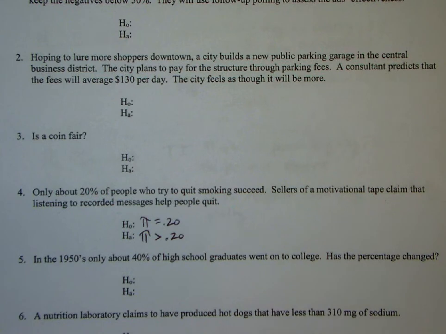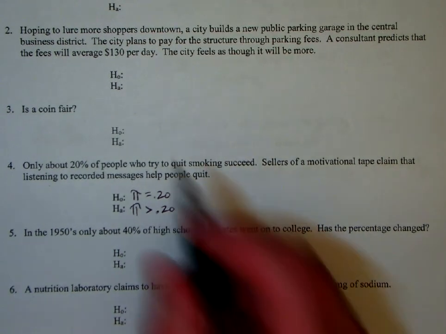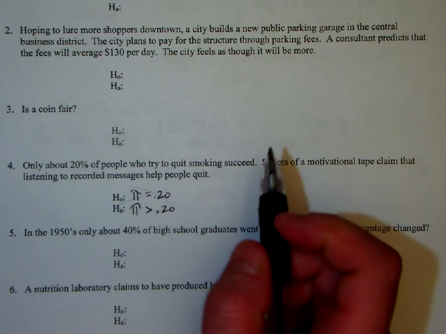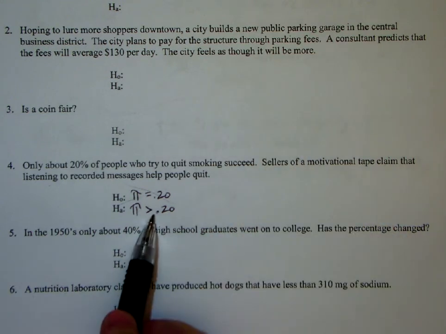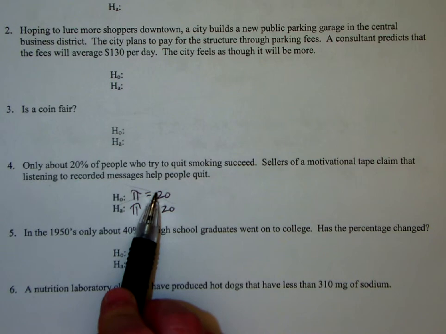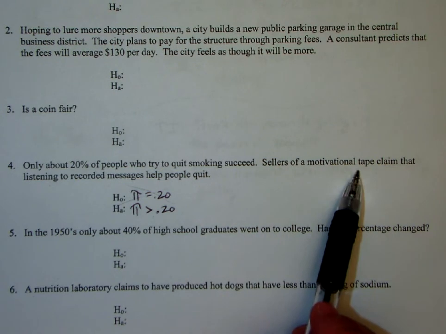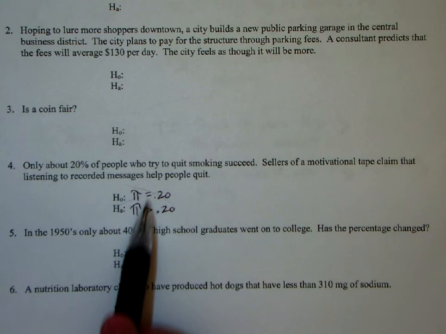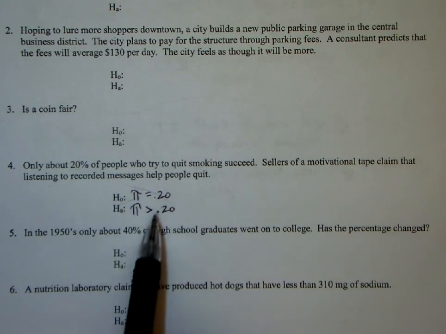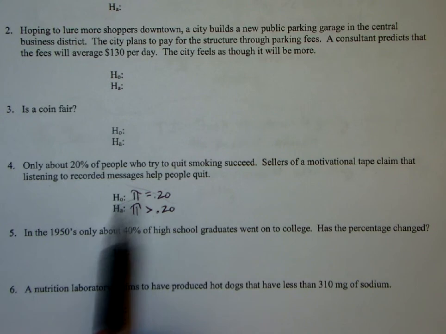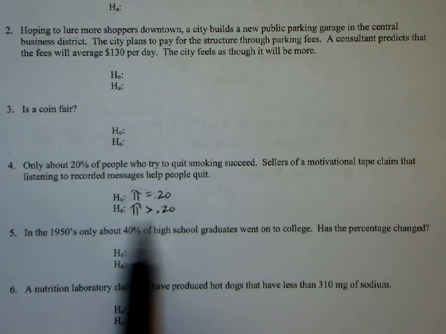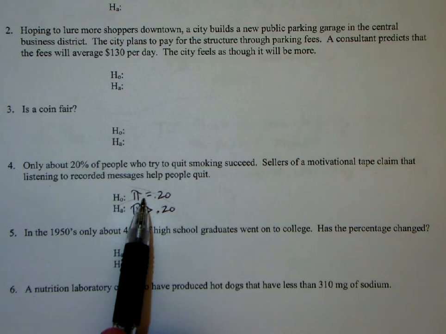Okay? So here's what happens. If I'm making a type 1 error, I'm rejecting H0, so I think the motivational tape is working, when in fact it's not really doing much at all. So the sellers of the motivational tape might be thinking, I'm rejecting H0, so our tape is working, so we don't really have to put anything into it, when in fact it's giving the exact same results that would have been gotten whether you were using their program or not.